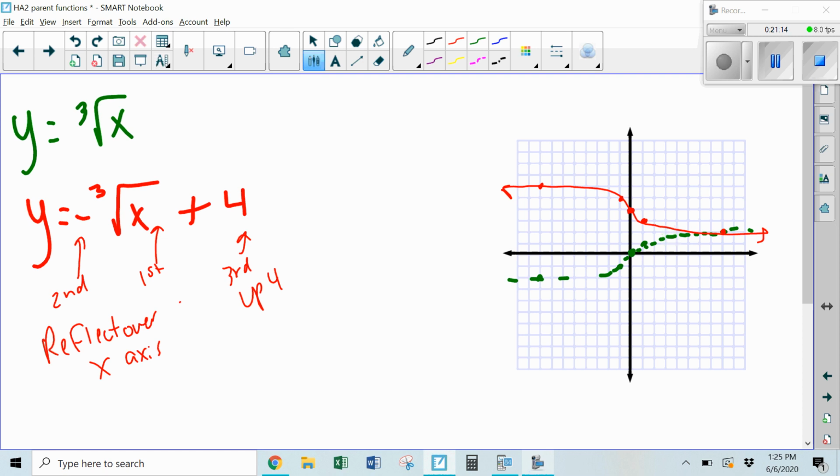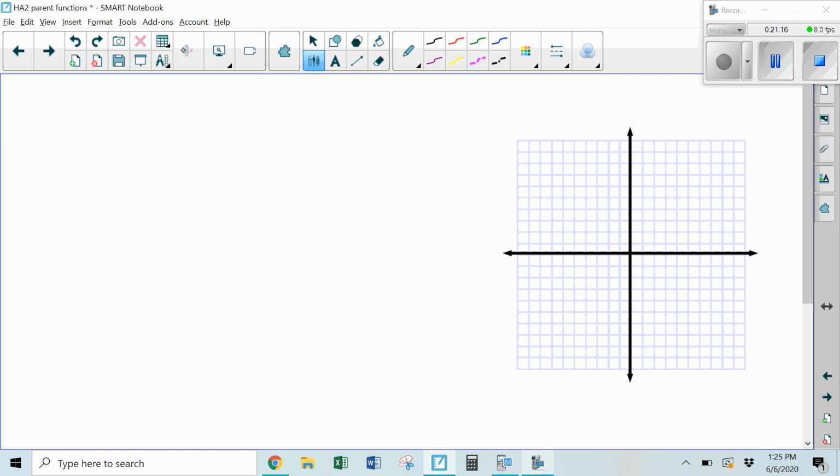All right, we're going to do one more. Let's go with y equals 3 root x. So start with the parent function, square root of x.